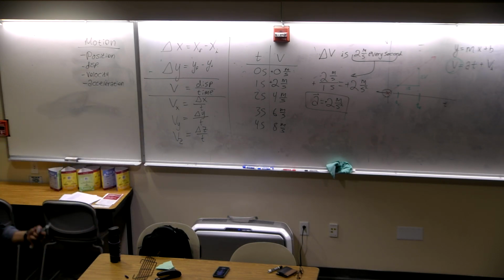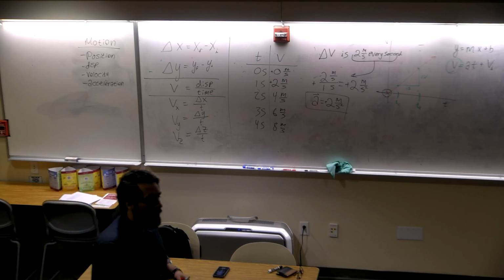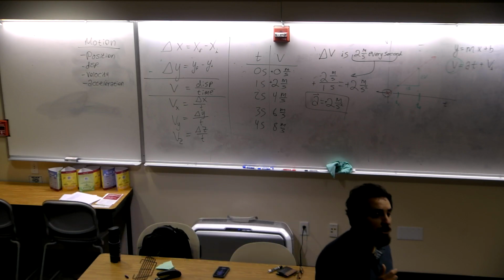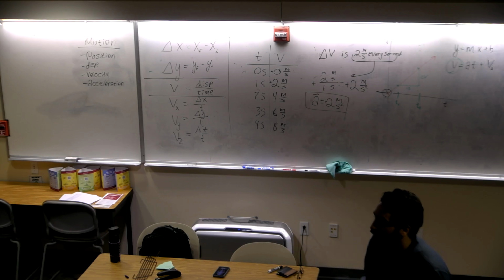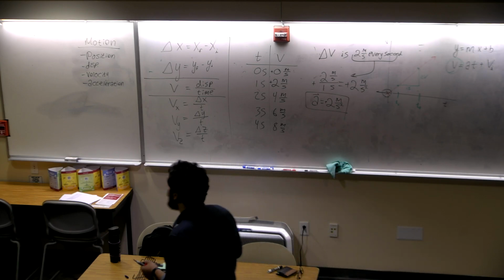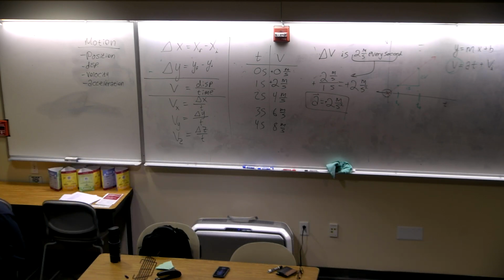You get a number for your acceleration. What that number means is how much your velocity is changing every second. So if you have an acceleration that's 2 meters per second squared, that is saying every second the acceleration causes a change in velocity of 2 meters per second.